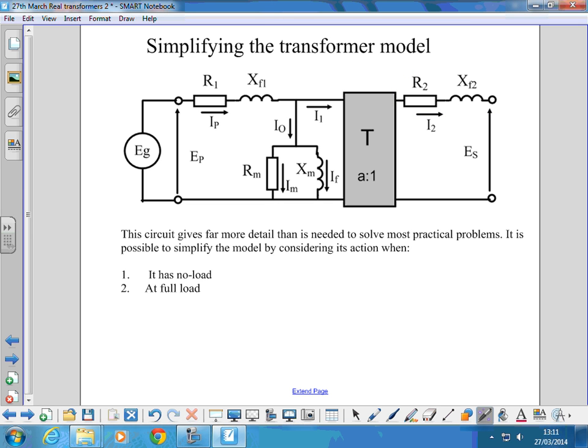So that's the full model of a real transformer, taking everything into account.